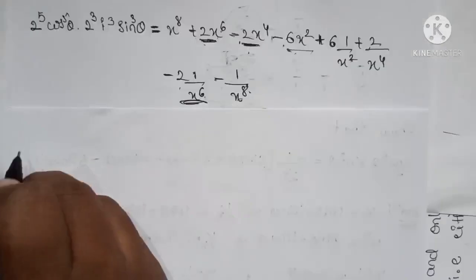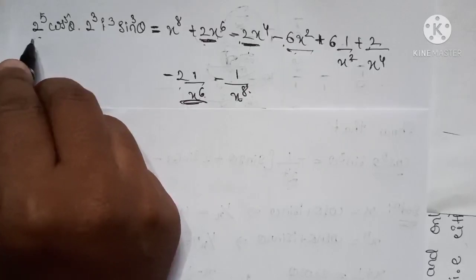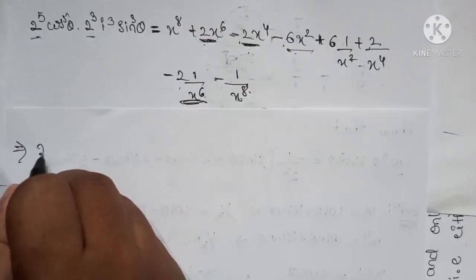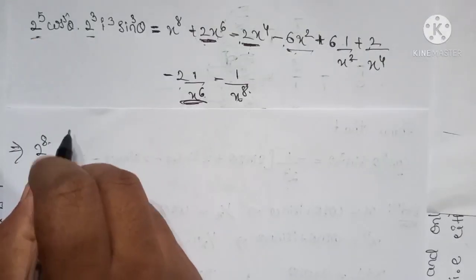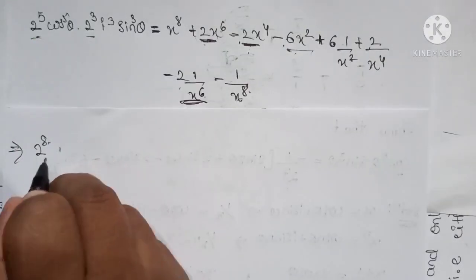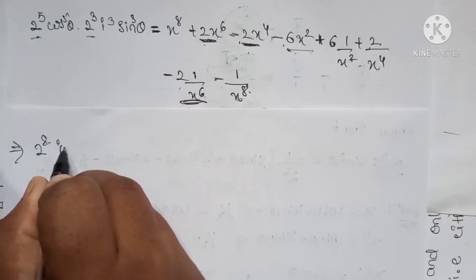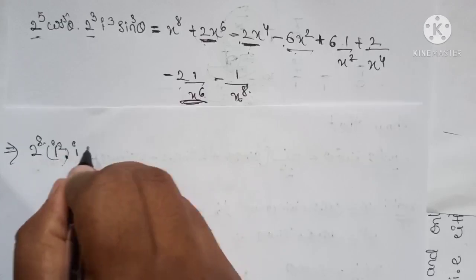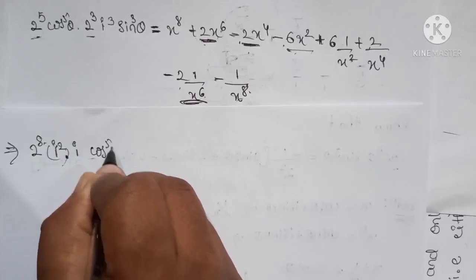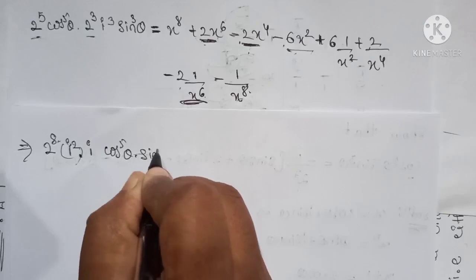Further simplifying this one, we get 2 power 5 into 2 power 3 equals 2 power 8, and i cube we know can be written as i square into i, and i square is equal to minus 1, and it is cos power 5 theta into sin cube theta.